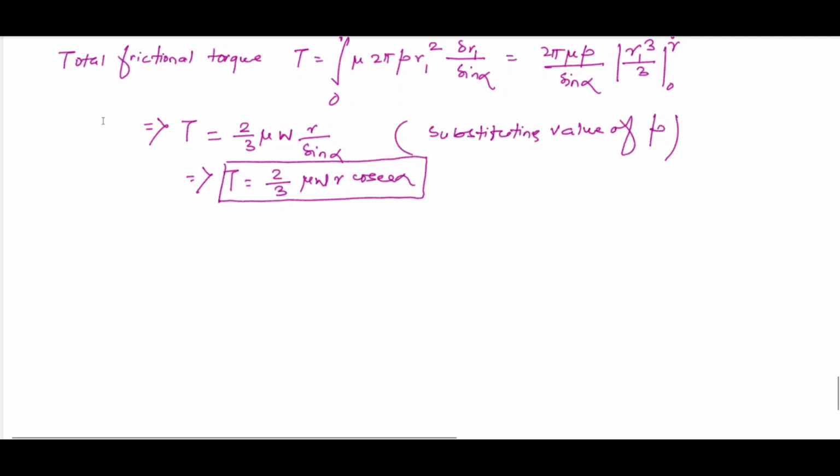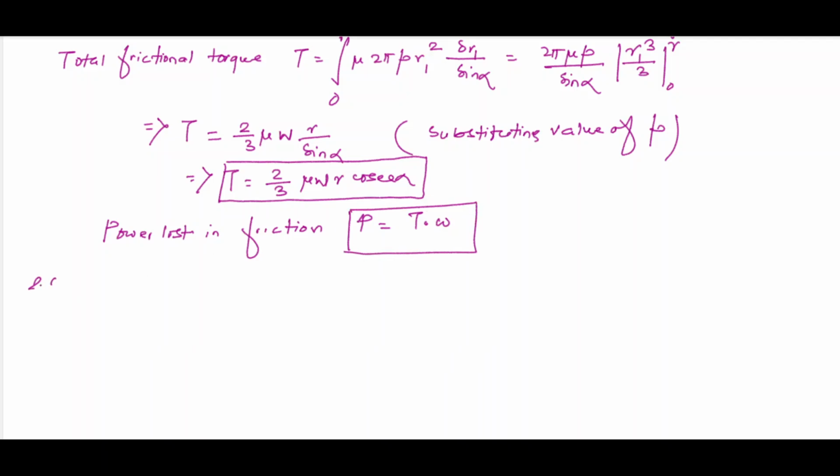Now for uniform wear, and power loss will be same. Power lost in friction P will be T dot omega.